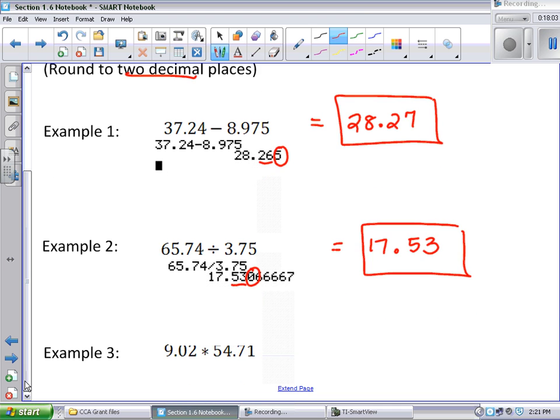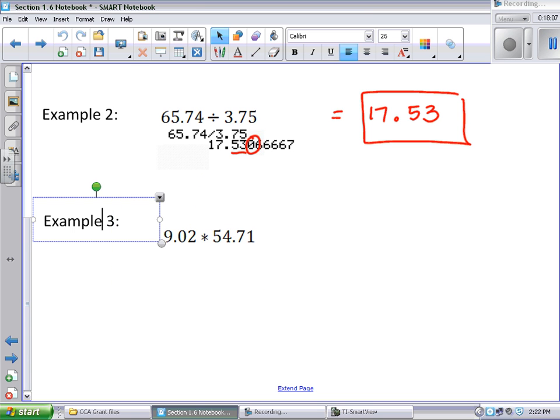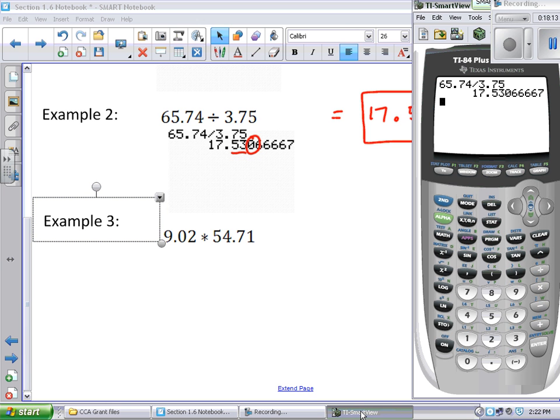And last example, move this down to where we can see the whole thing, and bring my calculator up clear. 9.02 times 54.71. I always make sure that you've typed it in correctly.